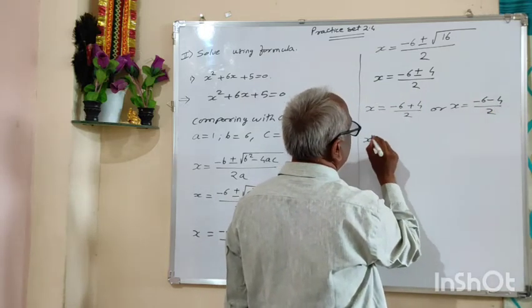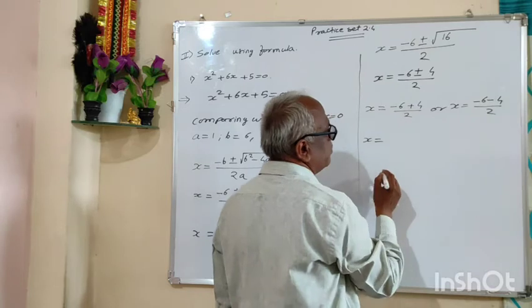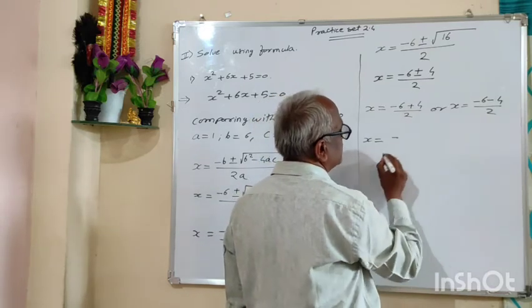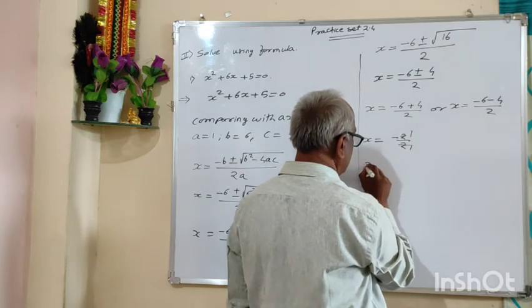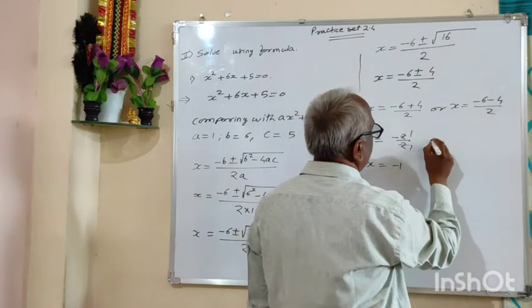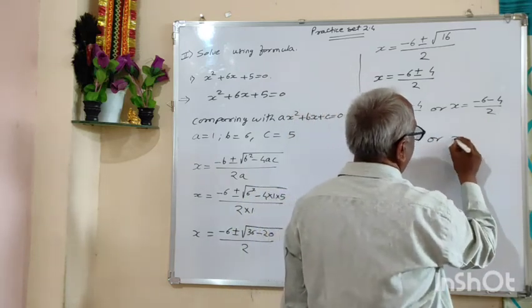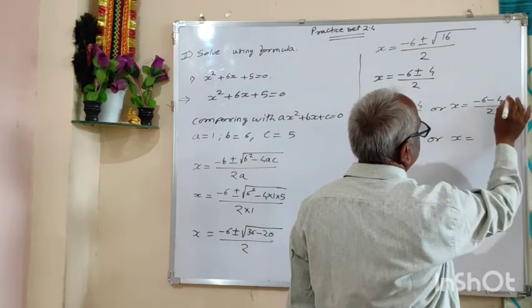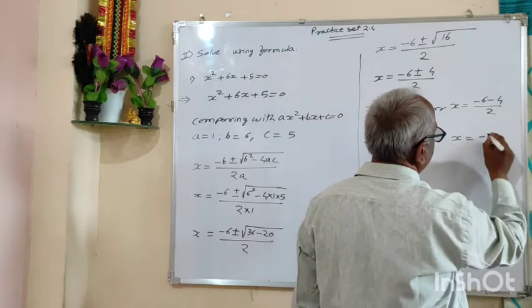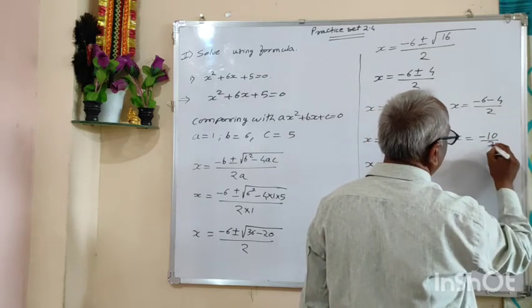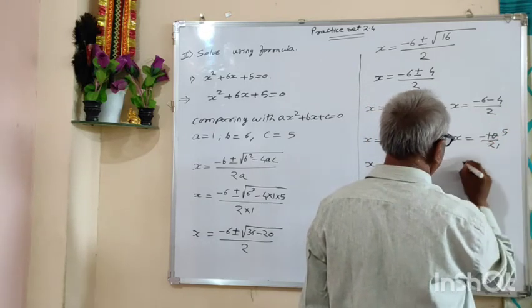Therefore x is equal to minus 6 plus 4, separated but keep the greater number sign, that is minus 2 upon 2. 2 1s are 2, x is equal to minus 1, or x is equal to minus 6 minus 4, add it but keep the negative sign, that is minus 10 upon 2. 2 1s are 2, 2 5s are 10.